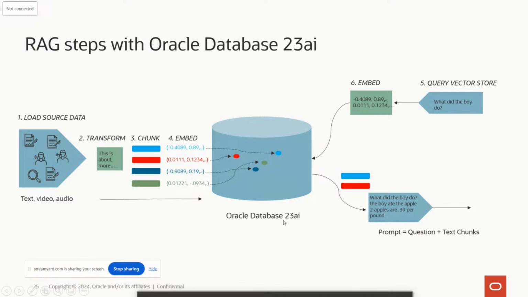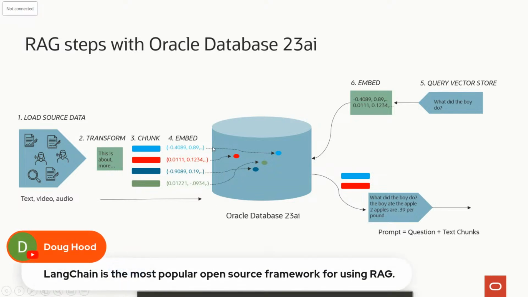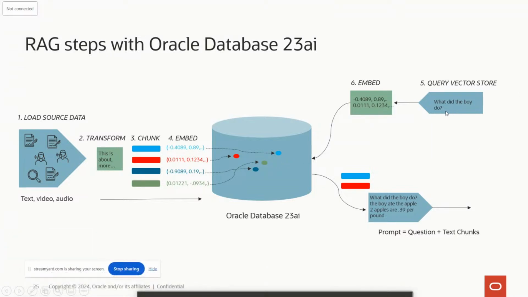Vector store can be anything. With Oracle, you just have to change very minimal code to point to an Oracle database with this username, password, and connect string. The LangChain Python code will do all the things underneath it. And when you ask a question, like I did in the prompt, the question also is embedded in the same model as the data which I'm loading.